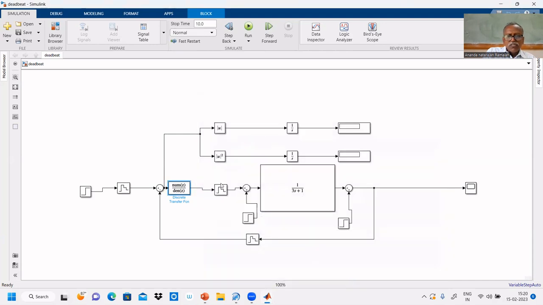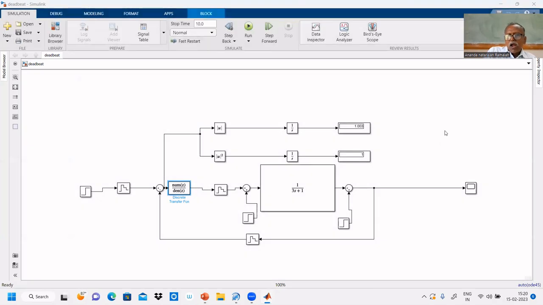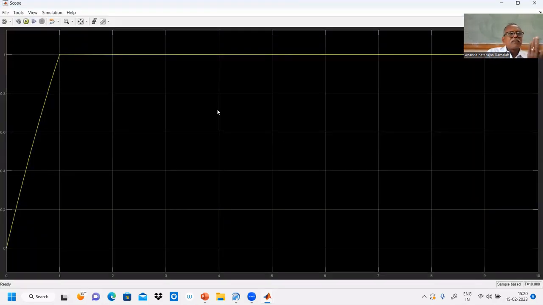We put the zero order hold circuit. This is the hold circuit because one part is in Z domain and the other is in S domain. So between these two, a zero order hold circuit must be there. If you simulate, this is for step change.